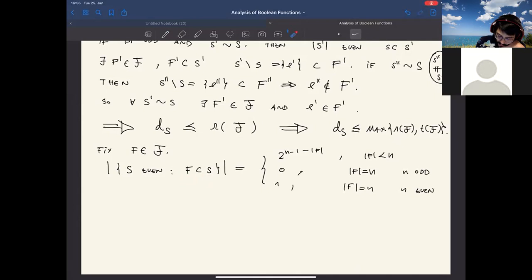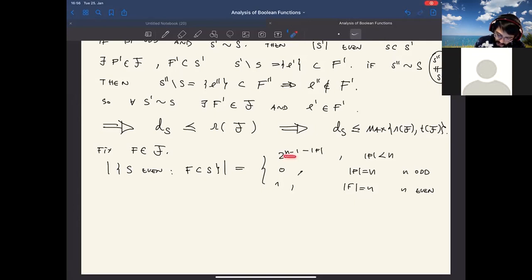But this has to be even. So if you start with F, and F has 10 elements, and n is 100, well, I can prescribe the first ten, but then I have to select the rest so as to make the set even, because it has to have an even size.